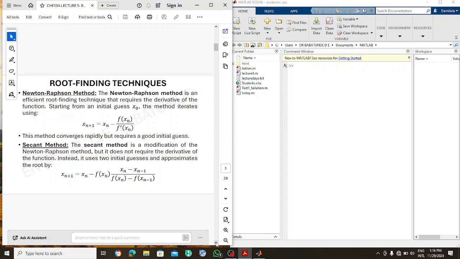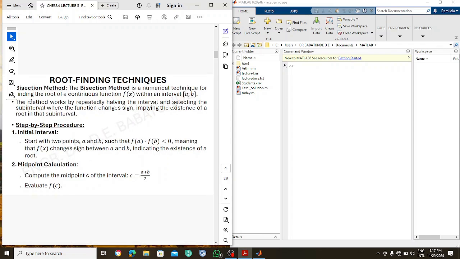In terms of order, n minus 1 comes before n. After n minus 1, we have xn, right? Then we can have xn plus 1. So if I call my first guess x0, then it makes sense to call my second guess x1. Then the first refined value, it makes sense to call it x2. So that's how it works.